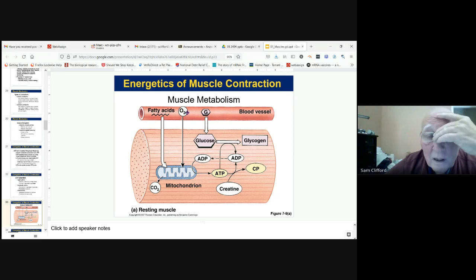So muscles need to have ATP to contract. Remember, the ATP energizes the myosin heads so that they can be cocked and then energized to pivot toward the center of the sarcomere. So fatty acids with oxygen can enter the mitochondria and produce ATP.